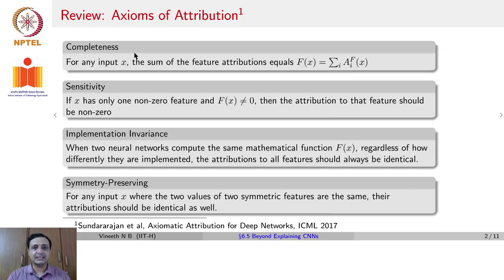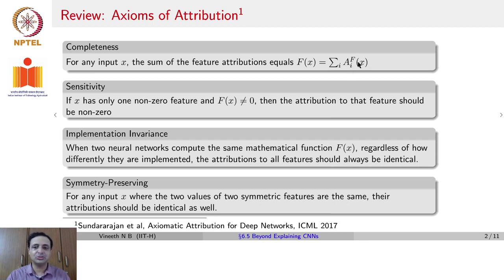The completeness axiom says that for any input x, the sum of the feature attributions equals f of x, which means if you had, say, n different attributes or 10 different attributes in your input, the sum of their attributions should be the actual output that you get of the neural network.